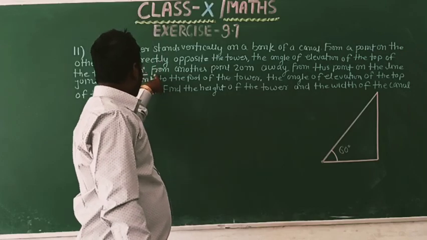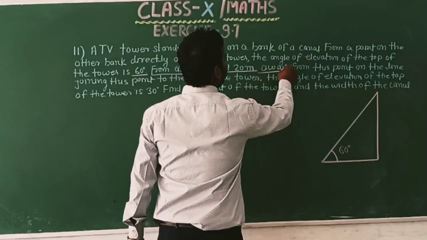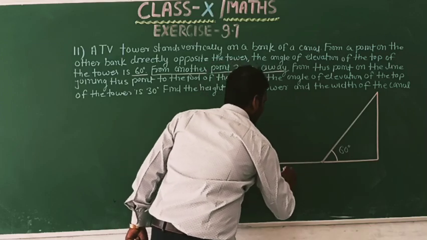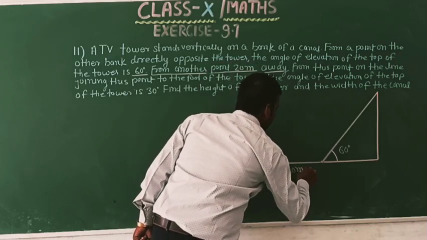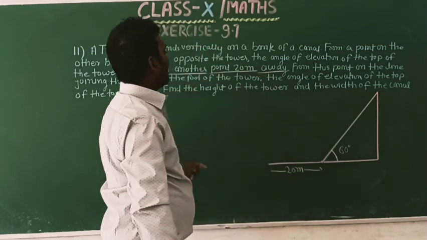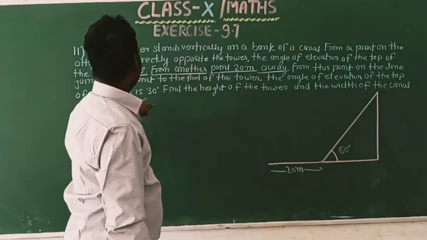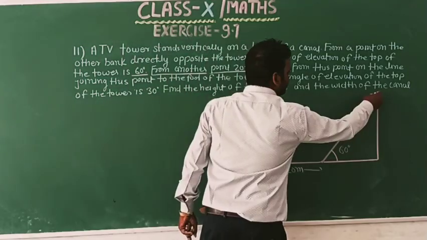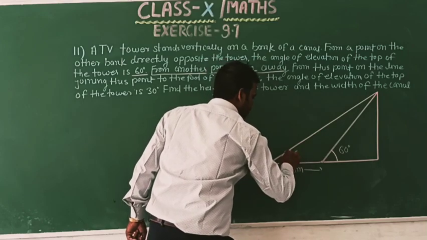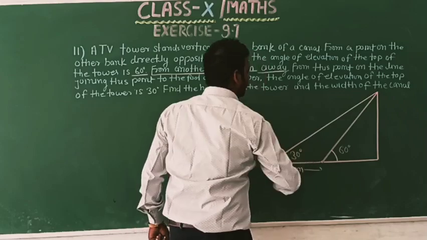Also given, from another point which is 20 meter away, so this is a point which is 20 meter away, on the line joining this point to the foot of the tower, the angle of elevation of the top of the tower is 30 degree.